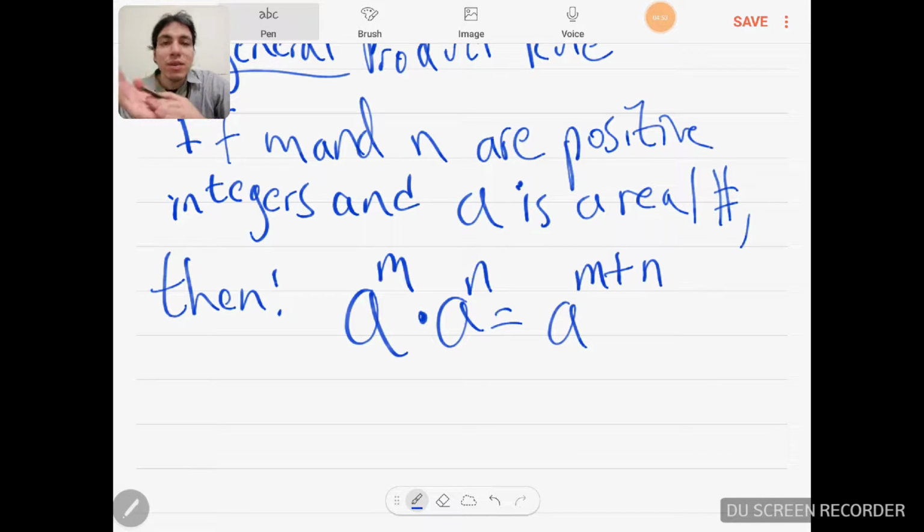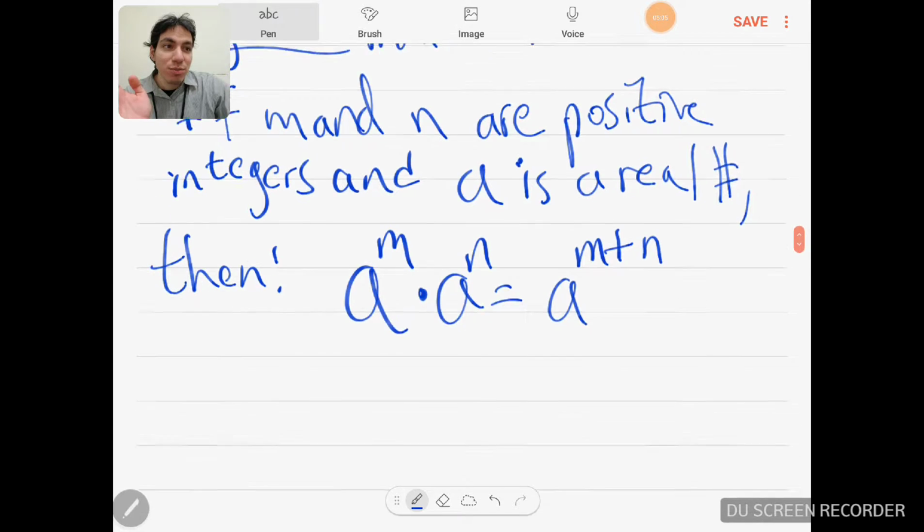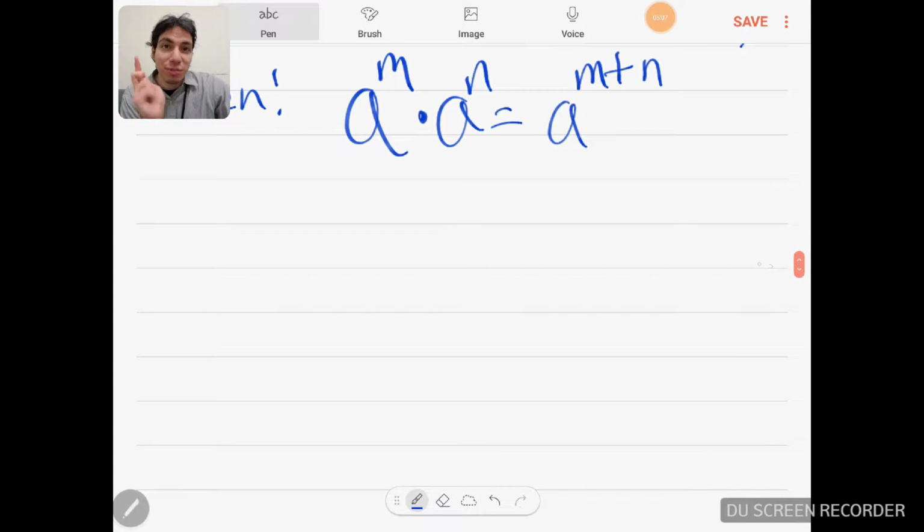So what this is saying is that if you have two terms with the same base and different exponents and they're being multiplied, you keep the base and you add the exponents. You keep the base and you add the exponents under the operation of multiplication. There we go.